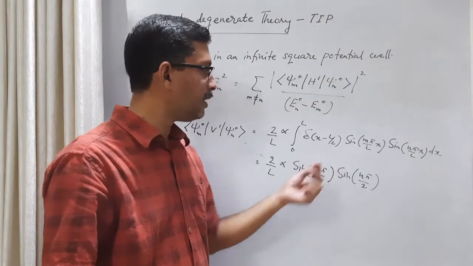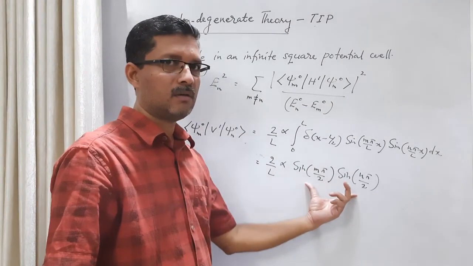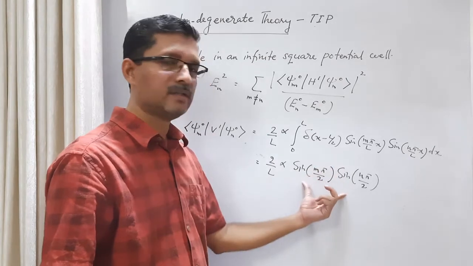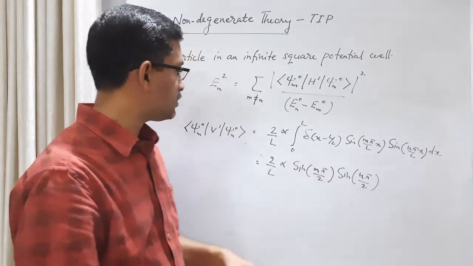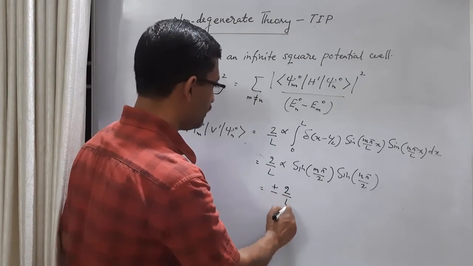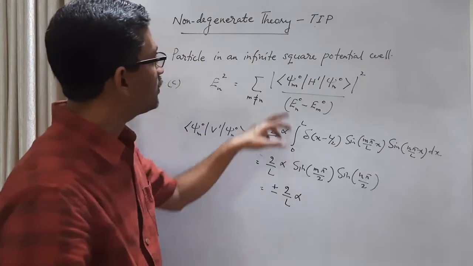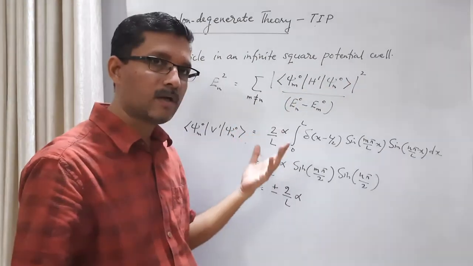Now when both m and n are odd, this product is either plus 1, m is different from n. Okay, so this product is either plus 1 or minus 1, right? Either plus or minus 1. So we have this is plus or minus 2 by L into alpha. But we will be squaring this matrix element, so you will get essentially the square of this 2.